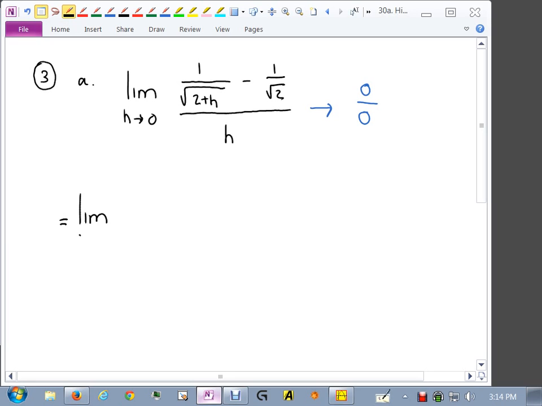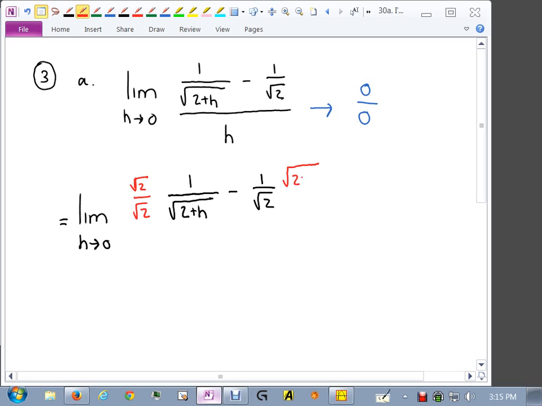To do this, I'm going to multiply the top and bottom of the first fraction by root 2 over root 2. The other fraction, 1 over root 2, I'm going to multiply it by what?